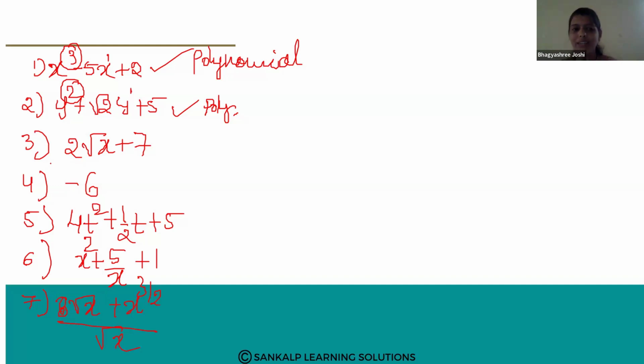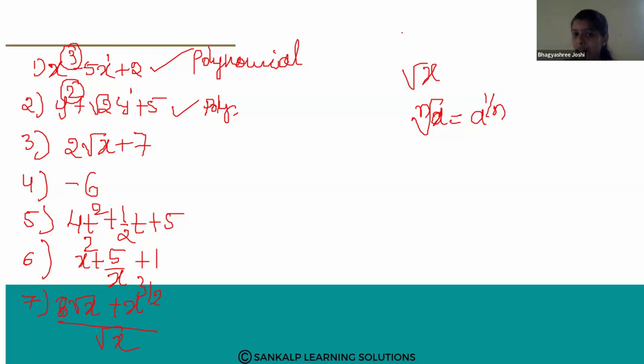Observe the variable power carefully. 2 root x. Just remember the properties of exponents: the nth root of a means a raised to 1 divided by n.